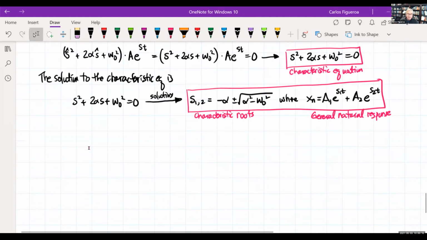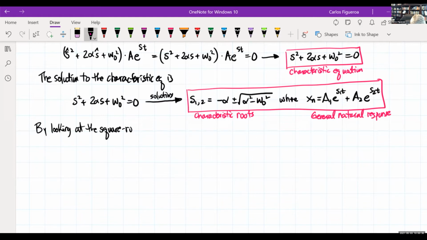So right away, we could then go back to what we were talking about with the applet. And you could immediately see that there are three cases, right? By looking at the square root term, there are three cases.